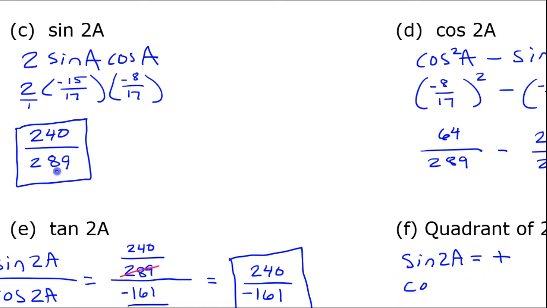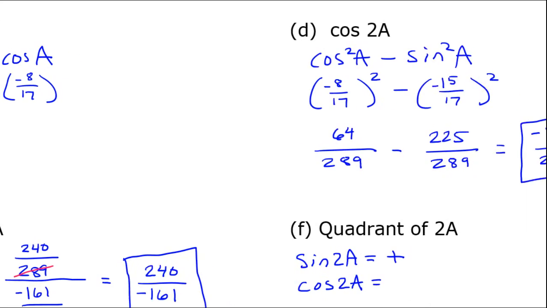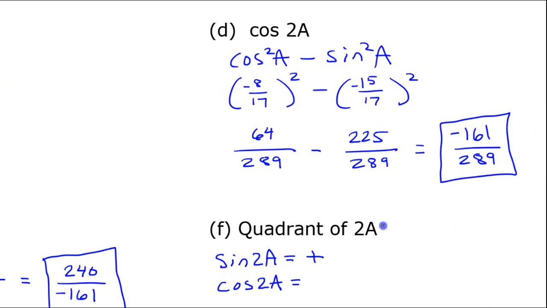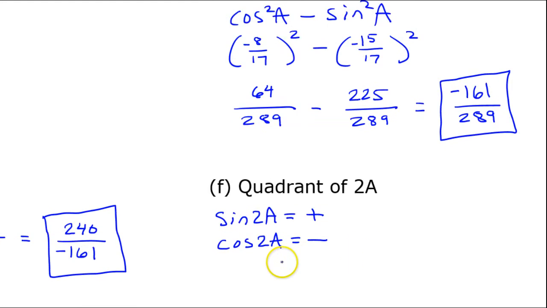Positive 240 over 289, but all I really need is the fact that it is positive. Notice that the cosine of 2a was a negative number. Now also I have the tangent right here. The tangent of 2a also turned out to be a negative number. But I will already know the quadrant before I get to the tangent.